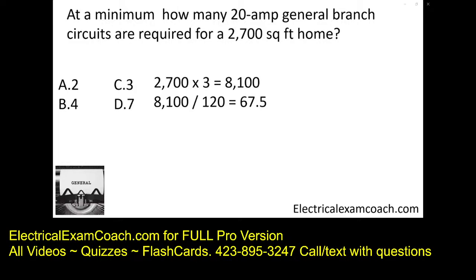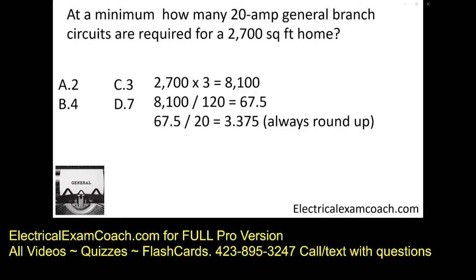Then we're going to take that and divide it by whatever size branch circuit that we are going to be installing. In this case, they want to run 20 amp circuits, and that's okay. Here we go. We take our 67.5 divided by 20. That lets you know at a minimum for this home, you must have 3.375 circuits.